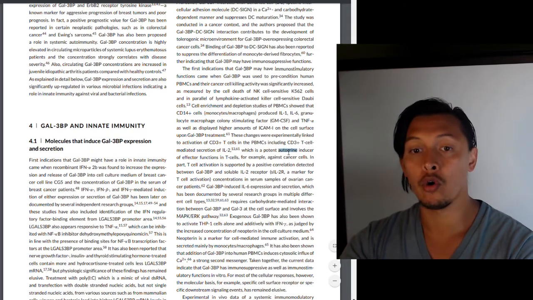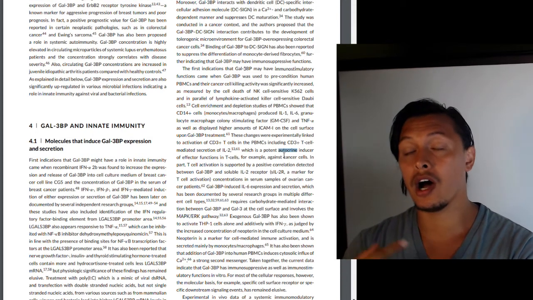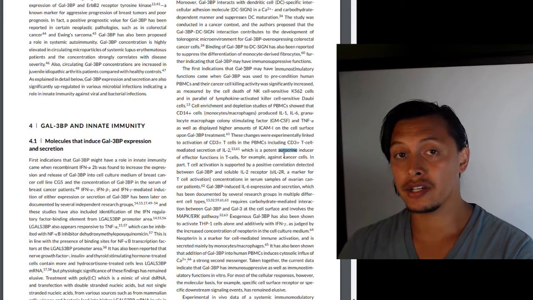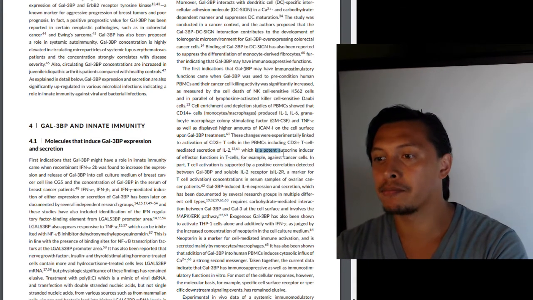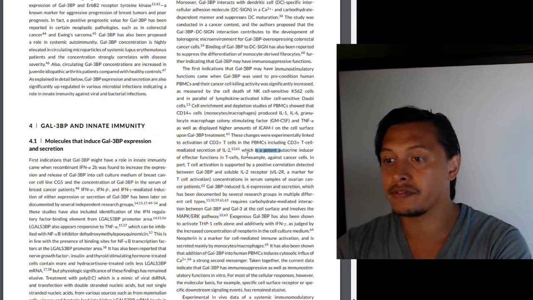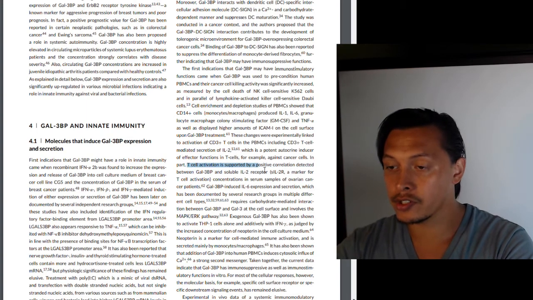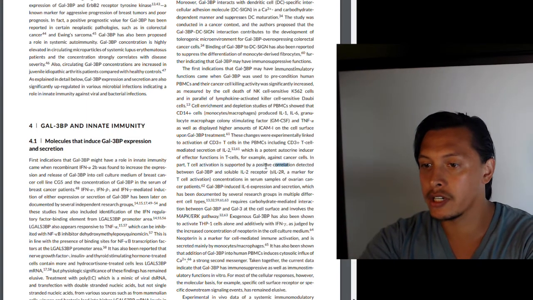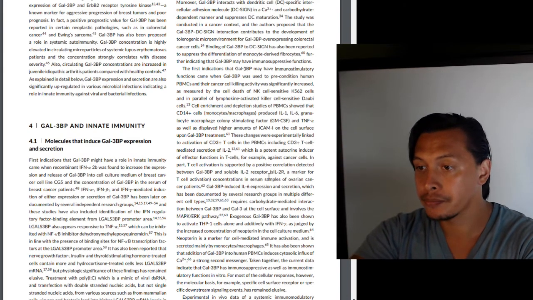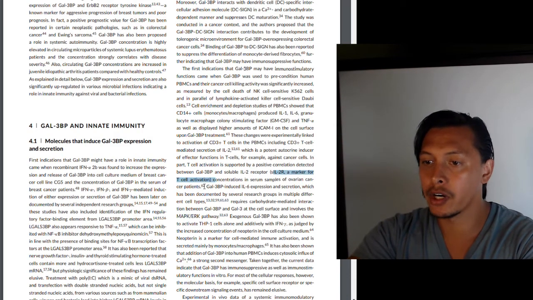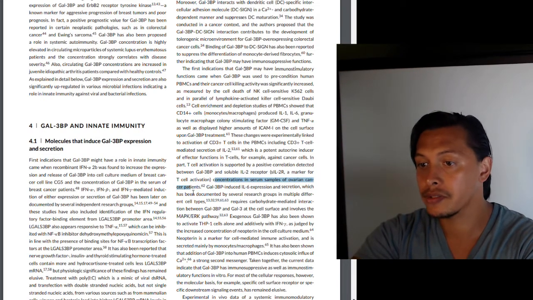Autocrine is like a hormone of the T cell that activates its own self, for example against cancer cells. In part, T cell activation is supported by a positive correlation detected between Gal-3 binding protein and soluble interleukin-2 receptor, which is a marker for T cell activation, in serum samples of ovarian cancer patients.